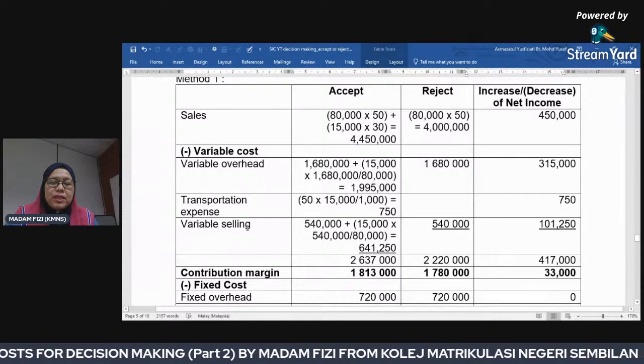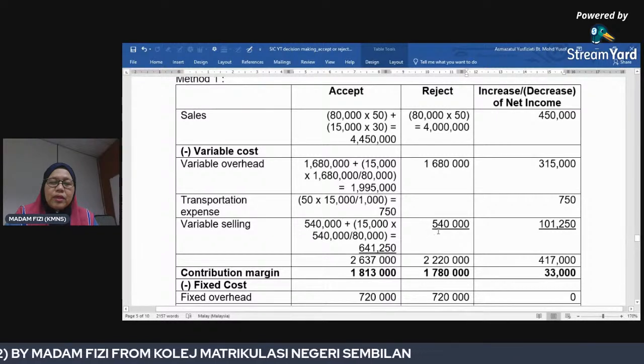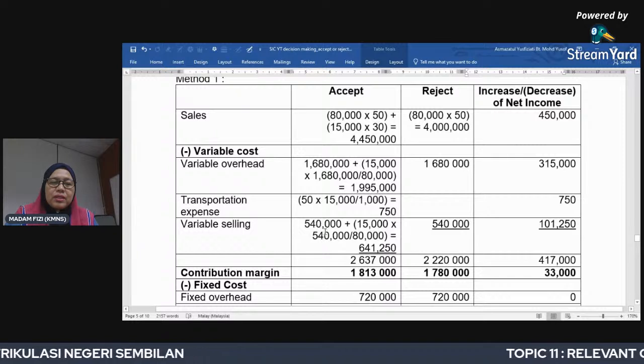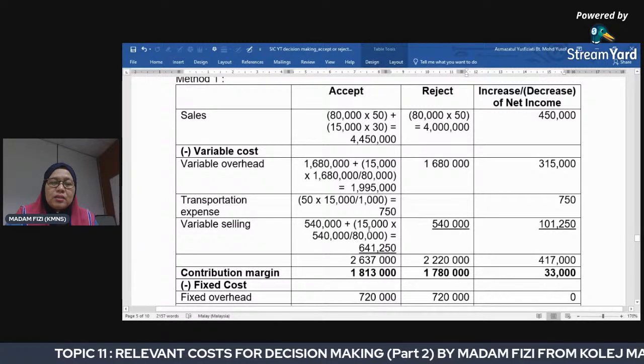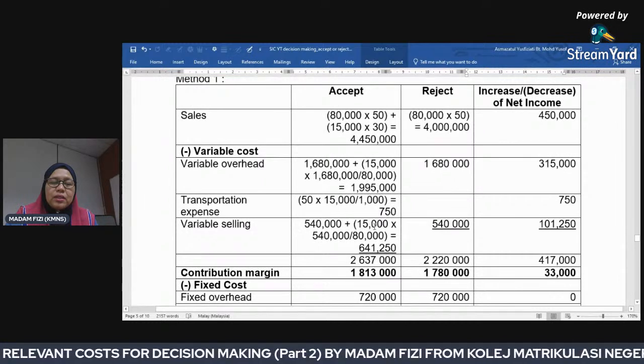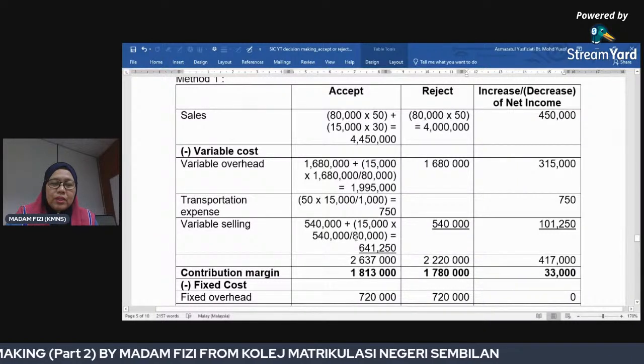For variable selling, if we reject, the amount is 540,000. If we accept, the calculation is the same as the variable overhead just now. You have to add the 15,000 units times the variable selling cost per unit.